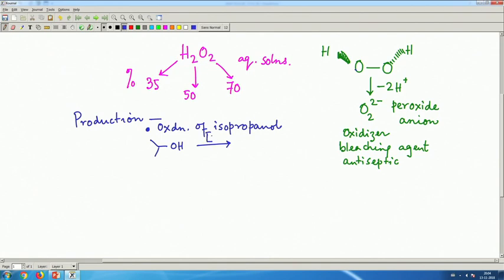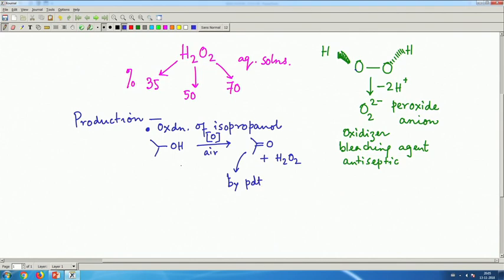We go for oxidation with the oxygen of the air, and that oxygen of the air can be utilized for the oxidation of isopropanol to acetone plus H2O2. This hydrogen peroxide can be formed along with acetone as the corresponding byproduct.